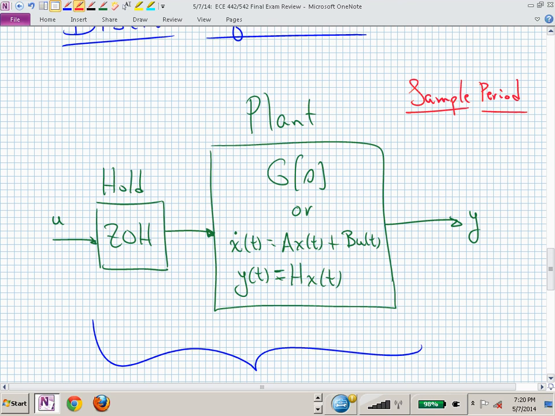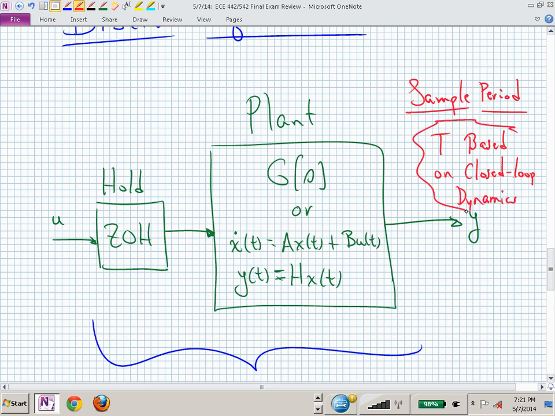So your capital T, or your sample period, usually here is foreshadowing what you're going to do with this model. It's usually based on your closed loop dynamics or the settling time in the closed loop system, right? So here in this zero order hold equivalent, the T, let's say, is based on closed loop dynamics.